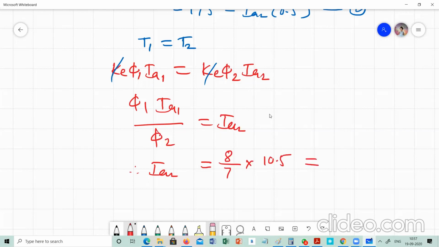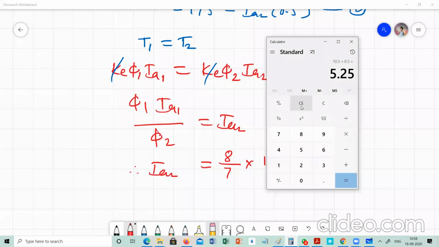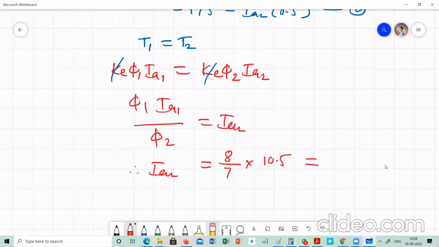Which is equal to 8 divided by 7 into 10.5, which is equal to 12 ampere. Now we have IA2.